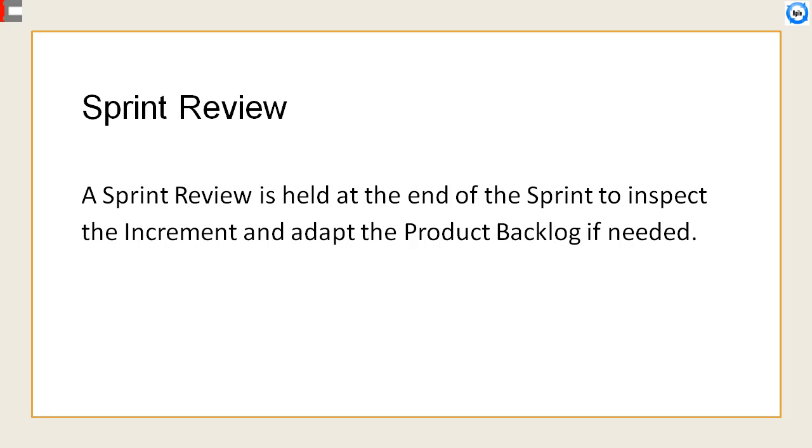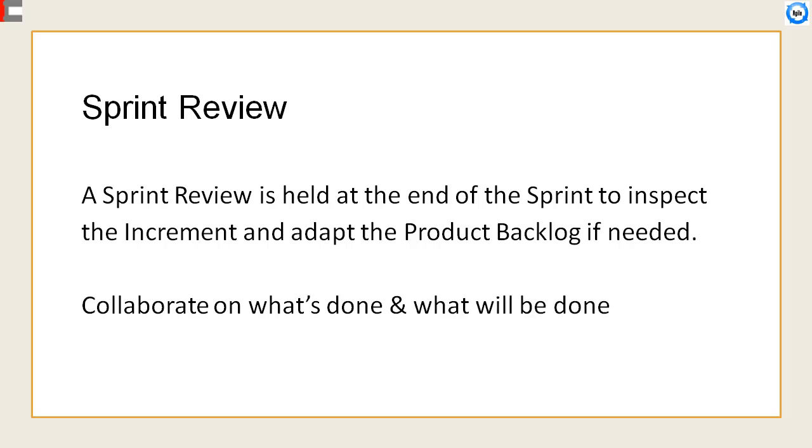A sprint review is held at the end of the sprint to inspect the increment and adapt the product backlog if needed. During the sprint review, the Scrum team and stakeholders collaborate about what was done in the sprint. Based on that and any changes to the product backlog during the sprint, attendees collaborate on the next set of things that could be done to optimize value.